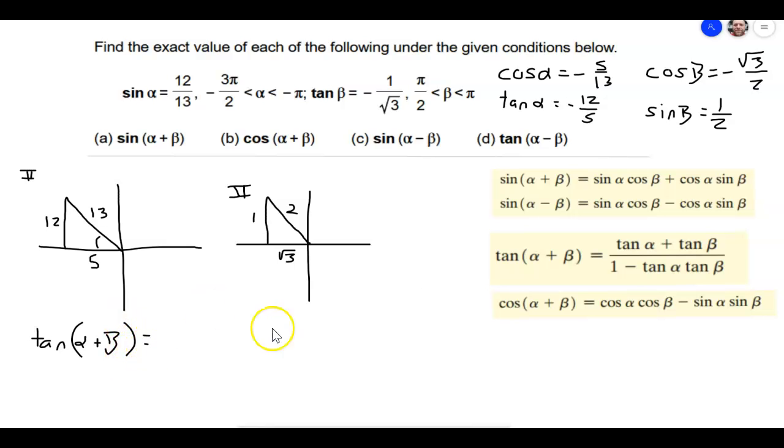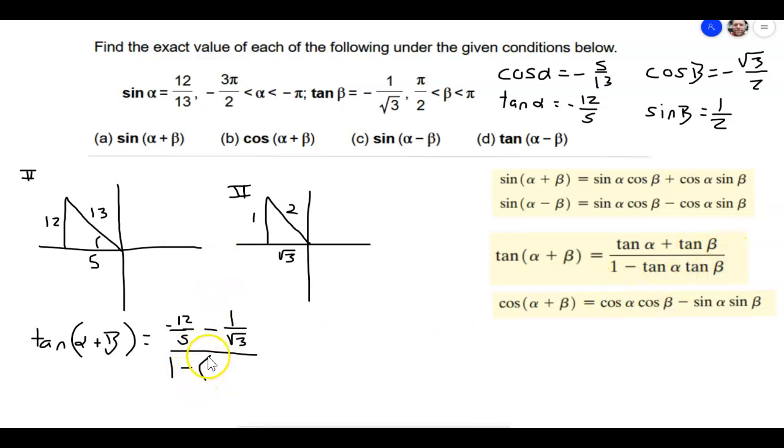So that's going to be equal to the tangent of alpha, which we know is negative 12 over 5, plus the tangent of beta, which is a negative, so we'll just do minus 1 over the square root of 3, all over 1 minus the product of those two.